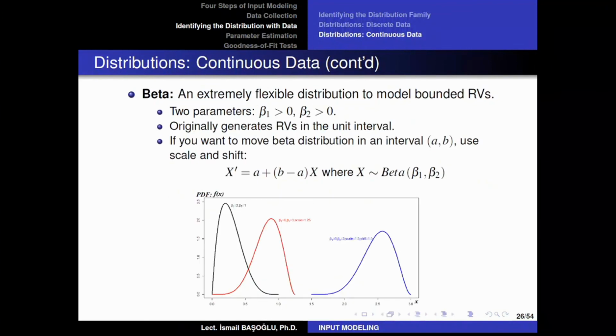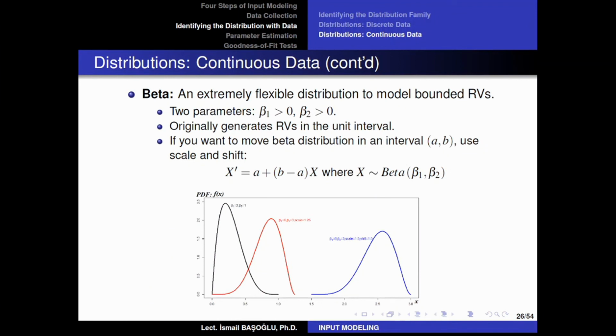And beta distribution is even more flexible than the gamma random variable. Beta is one of the most flexible distributions in probability theory. And when you, for example, use ARENA input analyzer, and if you transfer a data there, most probably ARENA is going to give you a result with beta distribution. It is going to fit either a gamma distribution or beta distribution.